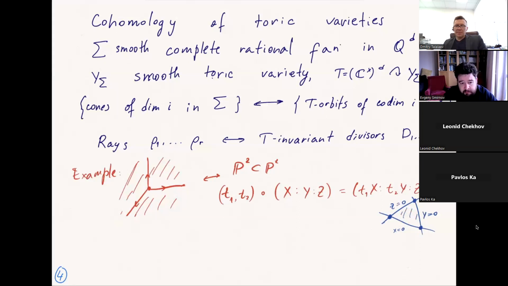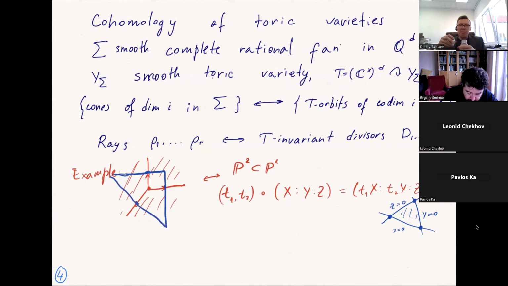And I can say even more: I can draw a polytope, taking some rational points on these lines and taking orthogonal spaces. So let me say integer points on my polytope.